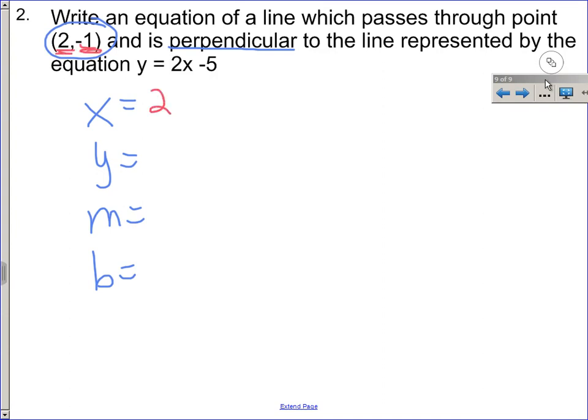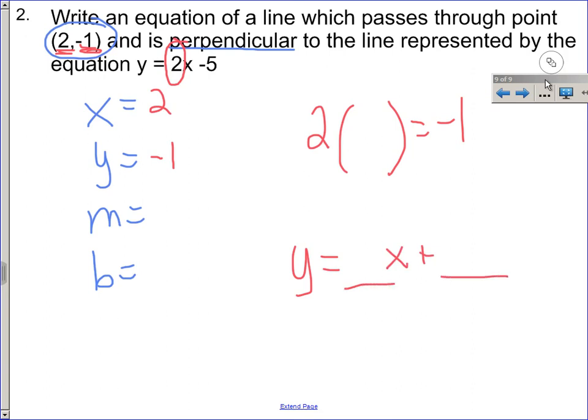I have a y, which is -1. I know it's perpendicular to the line with that slope, so now you need to figure out what your slope will be. So I'm going to pause here, I'm going to end the video here, and I would like to see your equation written out for me. So you're solving for your m and your b in this situation for a perpendicular line. Thank you.